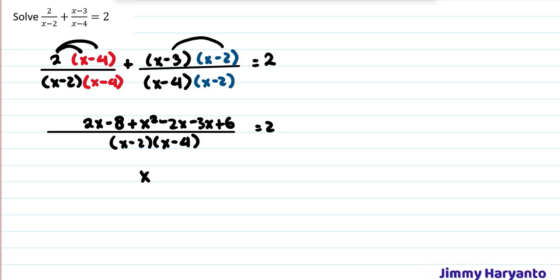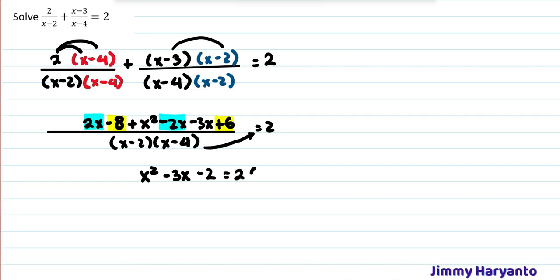The top part will be x squared, and then 2 minus 2x equals 0, negative 3x, and then negative 8 and plus 6 equals negative 2. For the bottom part, I want you to move it to the right hand side. It will become cross multiplication like this.